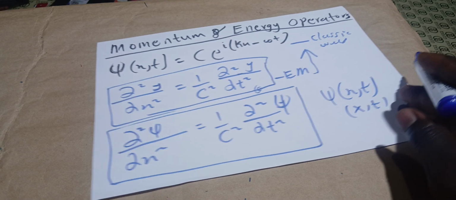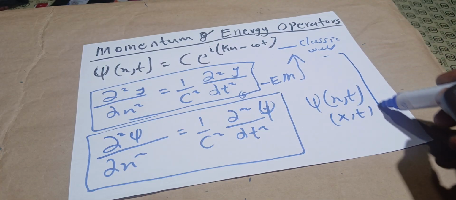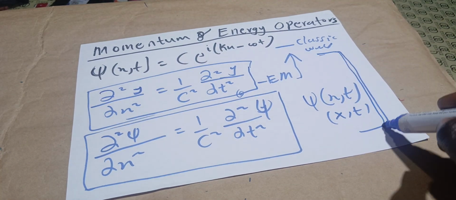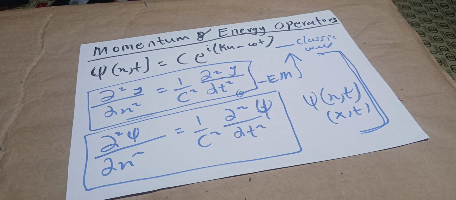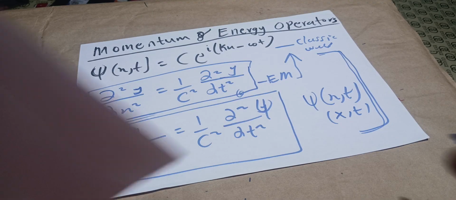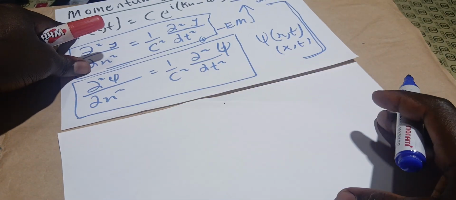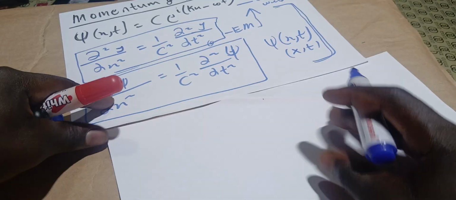So the equation that we are most interested in is the general solution of this equation, the electromagnetic wave, which is written as this.